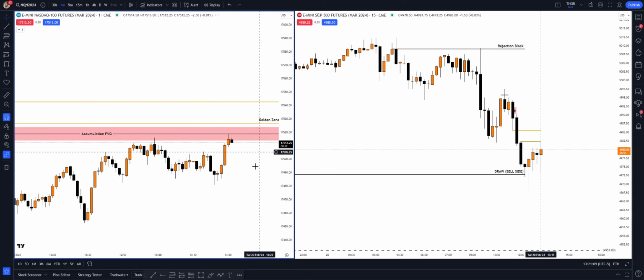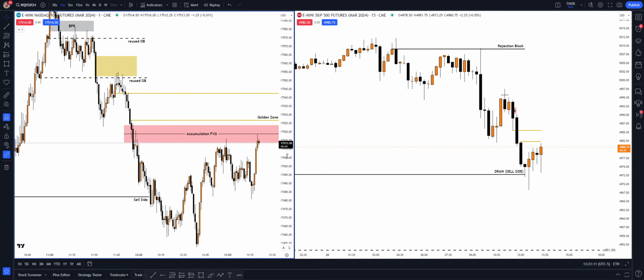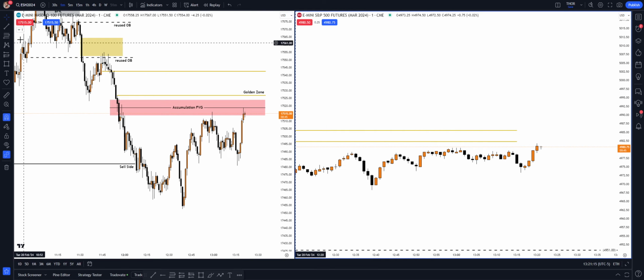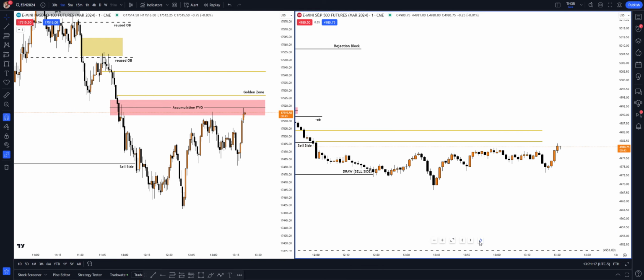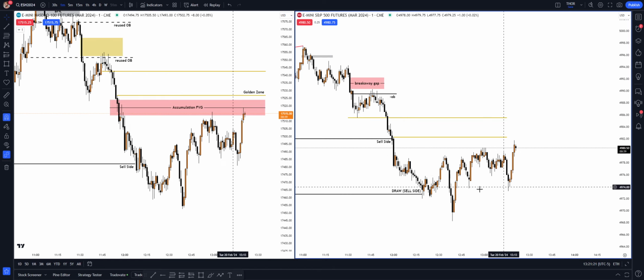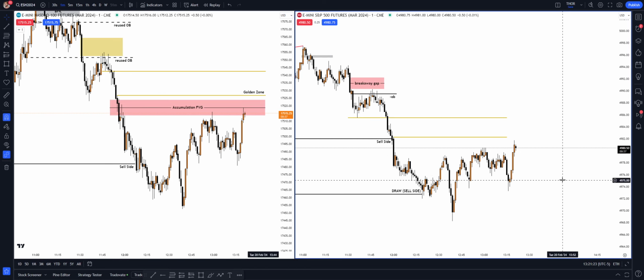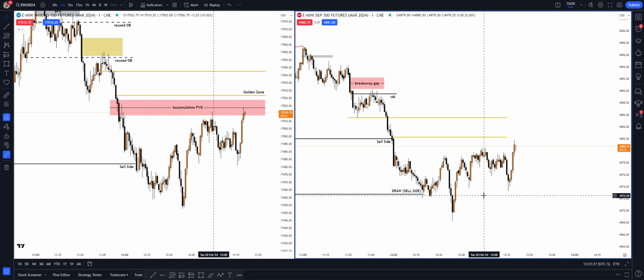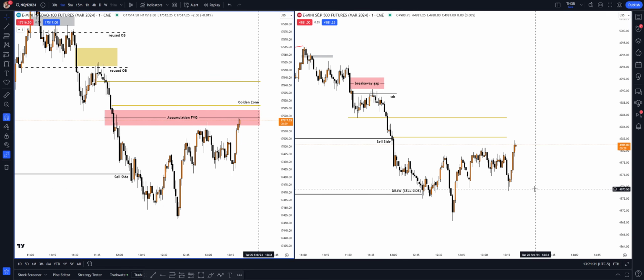Let's go on the 1 minute chart and see what's going on there. Yeah, so far ES and Nasdaq are in alignment. So we don't see divergence between assets as of now, neither bullish nor bearish.